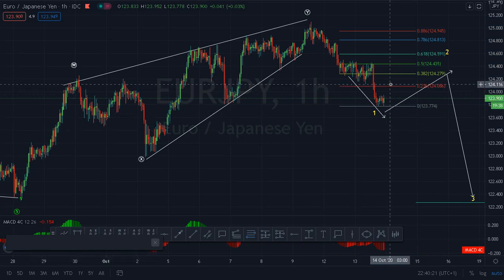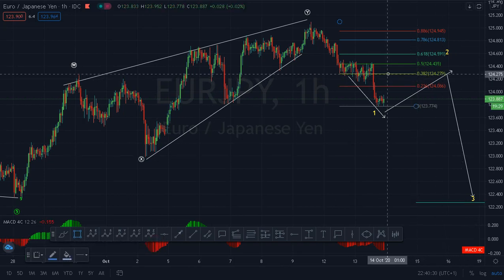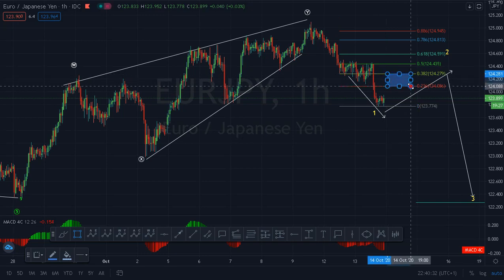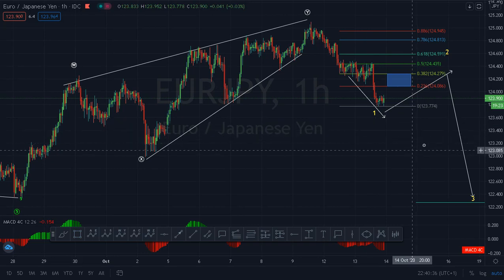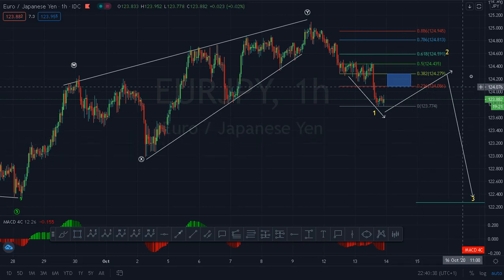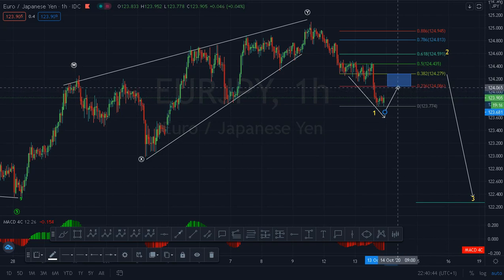So we may look, if we get a pullback or retracement around this area, or okay, let me put something there. If you get a pullback between here and here, I will add another sell position. So you check how it fits you. So that's how I plan to trade it.